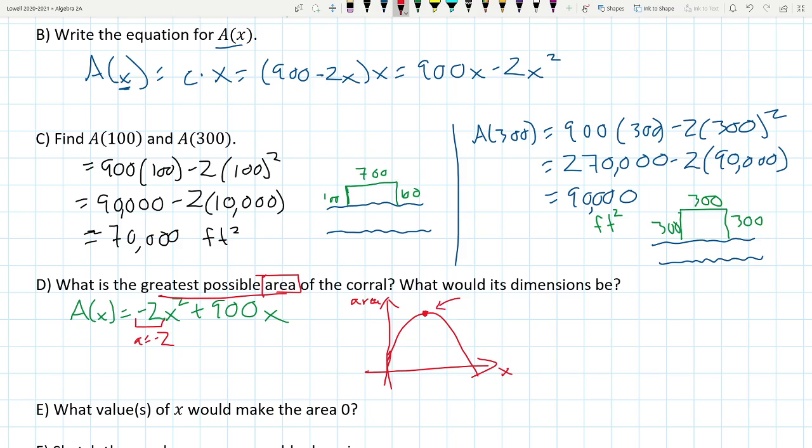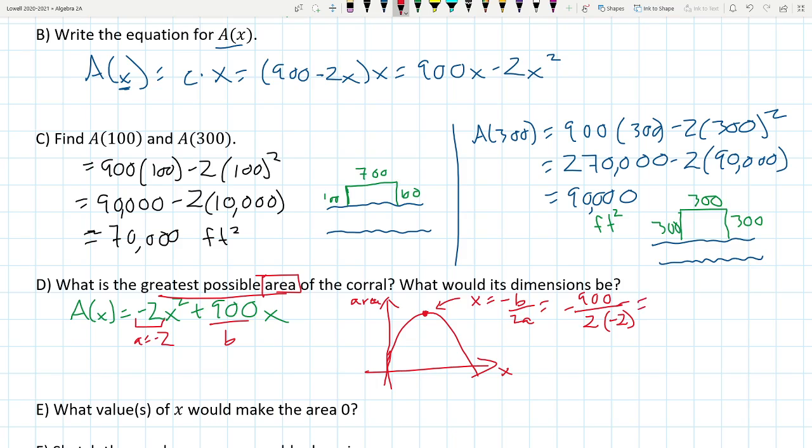We can figure out what the vertex is, because remember, the x-coordinate of the vertex is always at negative b over 2a. In this case, that's negative 900, because that 900 is our b value, divided by 2 times a, which is negative 2.